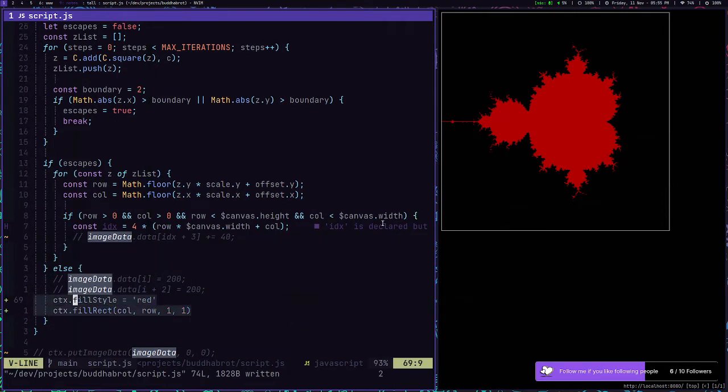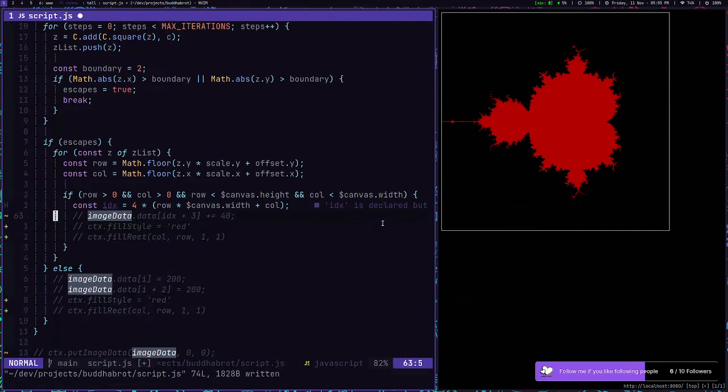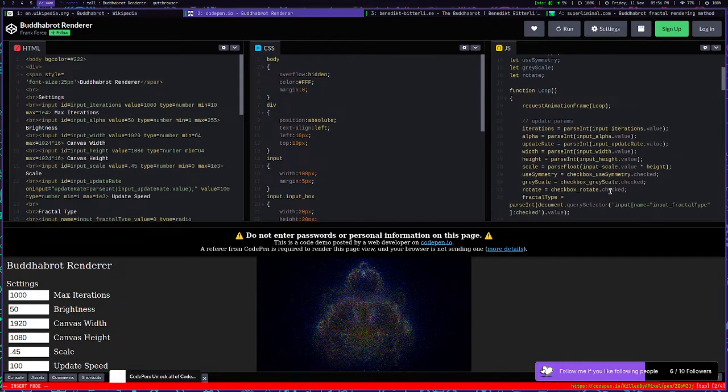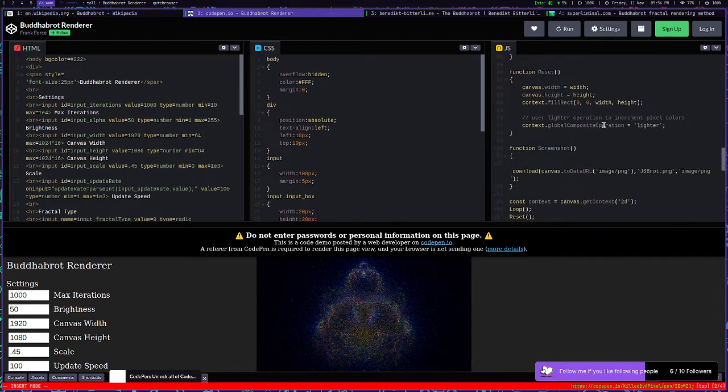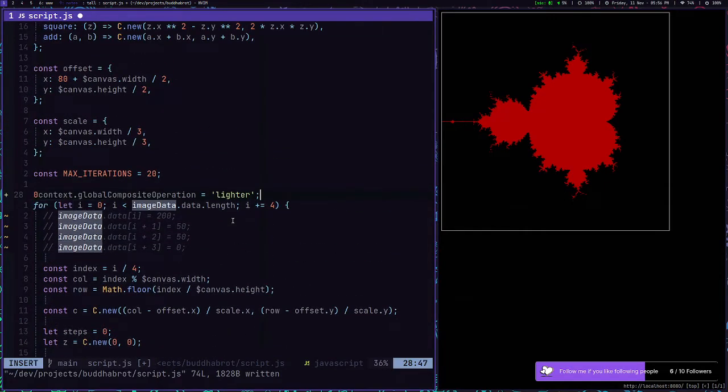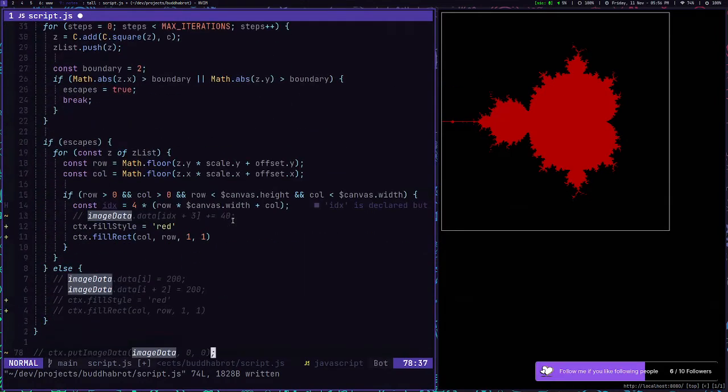Now that we have this, I just commented it out, but we can do the same thing here. Let's see. There is something here about composite global composition operation to increment pixel colors. Yeah, let's try that. Can we just set it outside? Let's try that out.